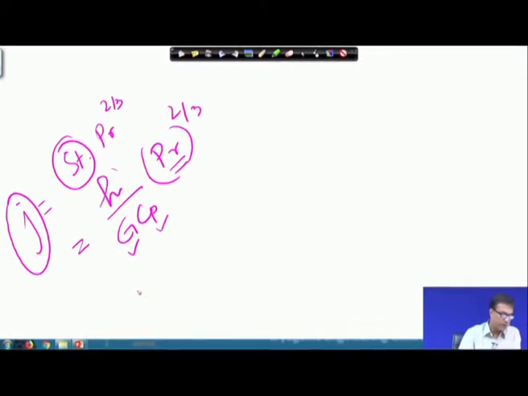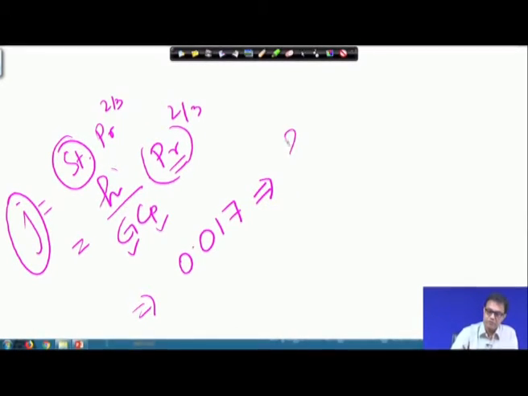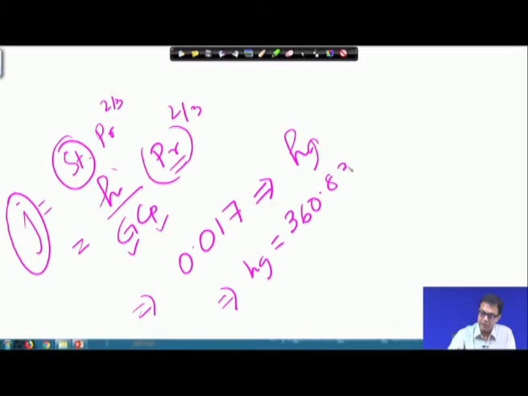So, for J corresponding to 0.017, we can find the heat transfer coefficient for the gas side, and you will find that h_g will come out to be 360.83 watt per meter square Kelvin.